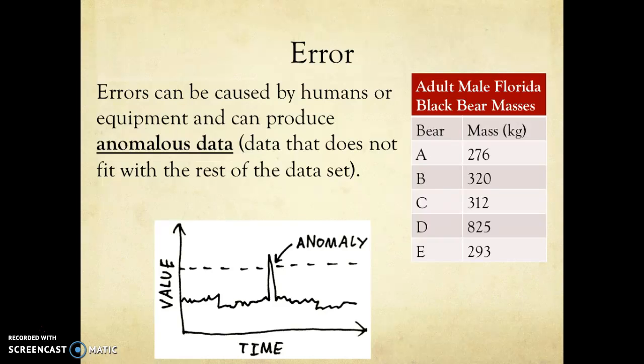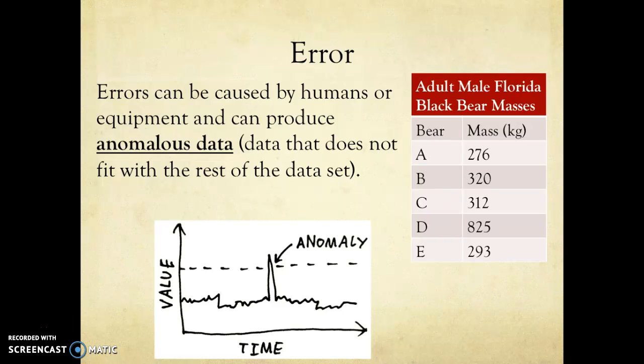But there's one that is way bigger than the others. Bear D has a mass of 825. That's well over twice the mass of the second largest bear, or the second highest mass. So that is an example of anomalous data. It's something that doesn't fit in with the rest of the data set.